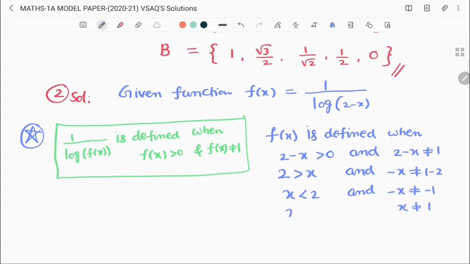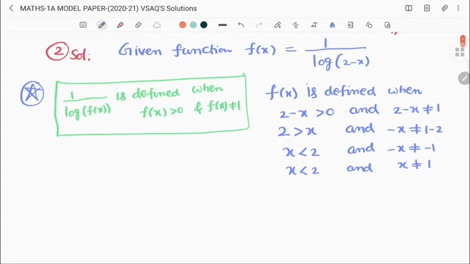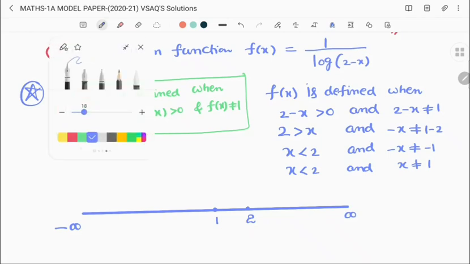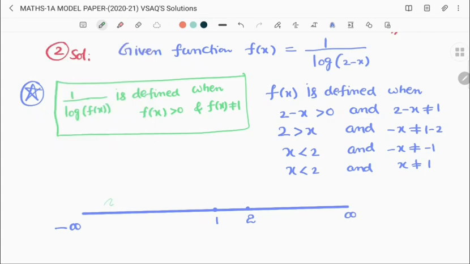X is less than 2. See here, on the real number line, draw like this. This is minus infinity, real number line. This is plus infinity. Here 2 is available, and here 1, obviously. X is less than 2, that means from here to here.